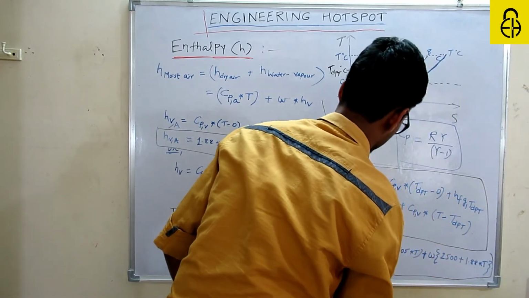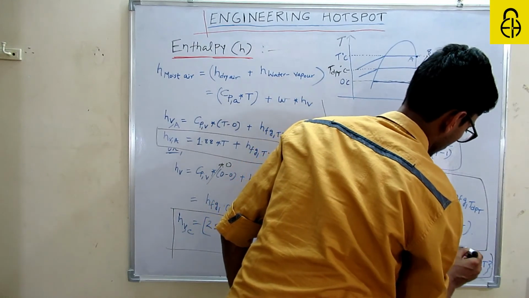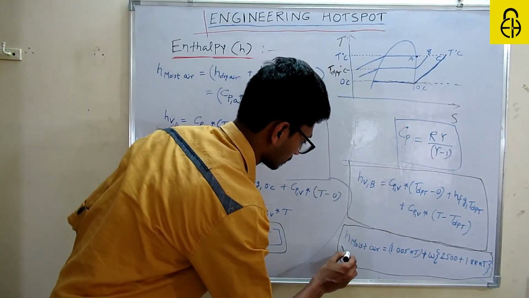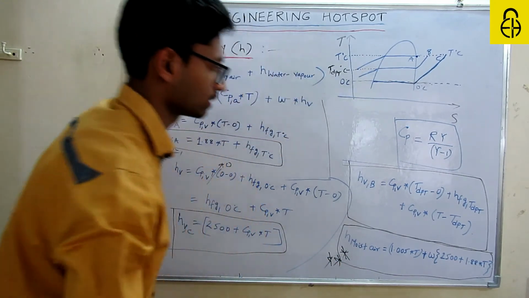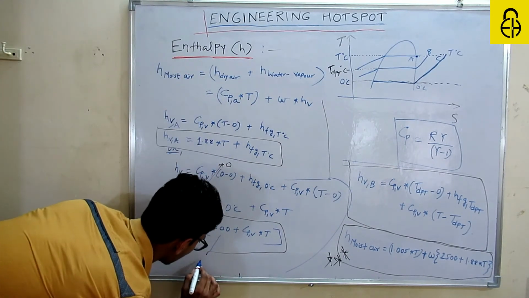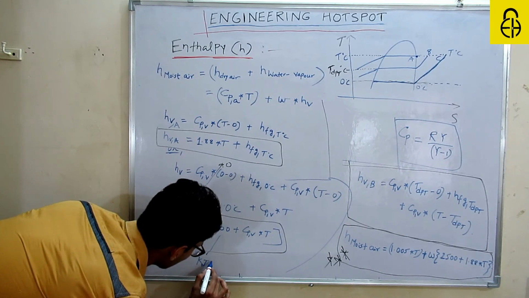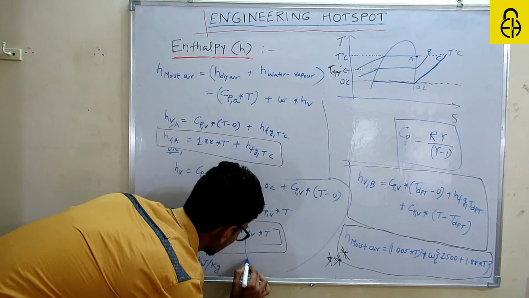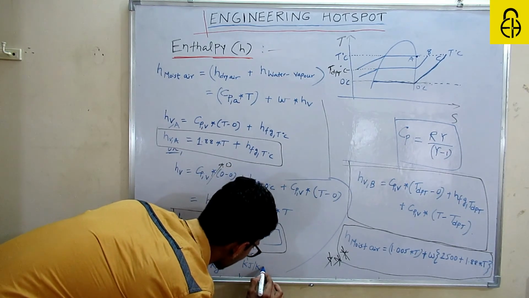This is the most important formula. You have to use it in several problems and several processes also. So this is one you have to remember. You have to keep in mind this formula. And remember the unit. Don't play with the unit. This is in kilojoule per kg.